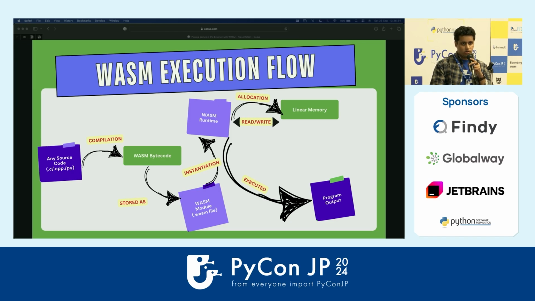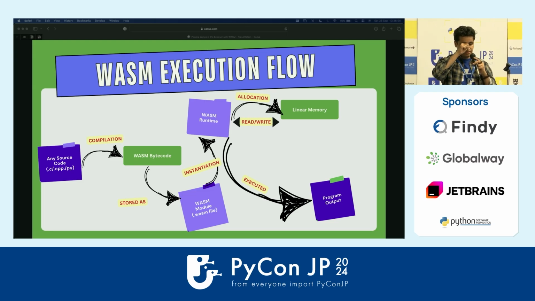This WASM file is then stored into a WASM module, which is loaded and instantiated at runtime. It could be the browser or the runtime environment you're working with, and then it's allocated to linear memory. WebAssembly uses this linear memory so that every read and write task has to be done there in real time, and then it's executed and running.